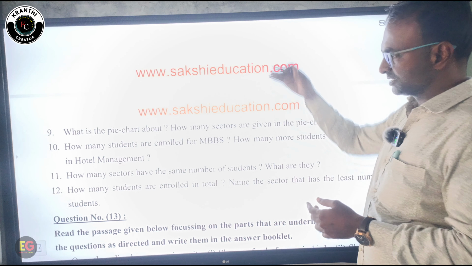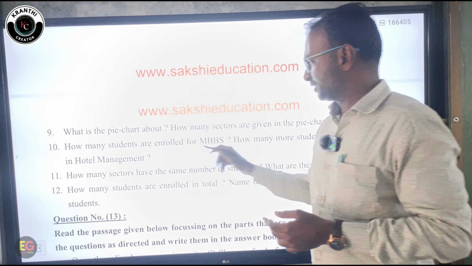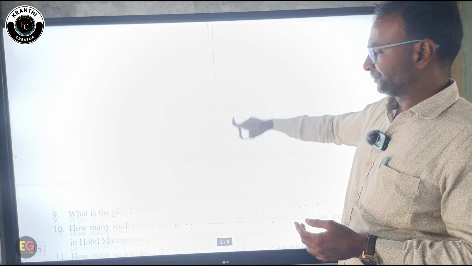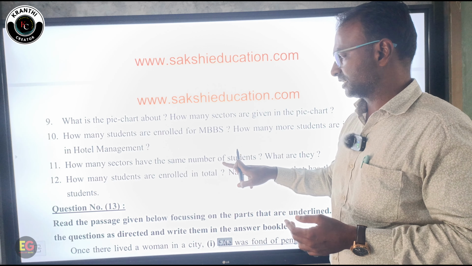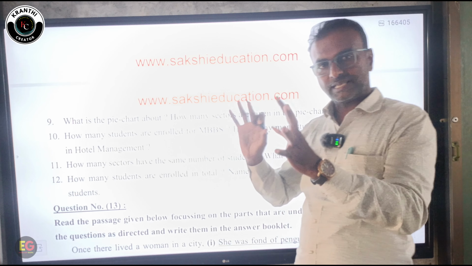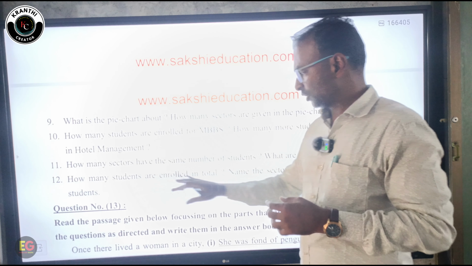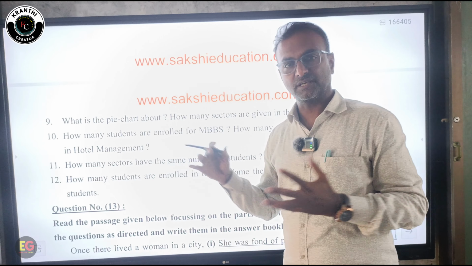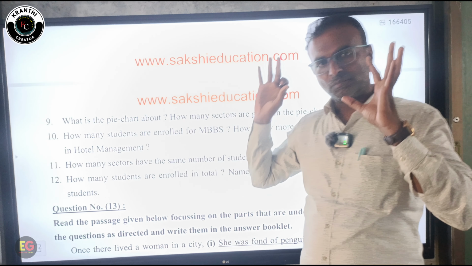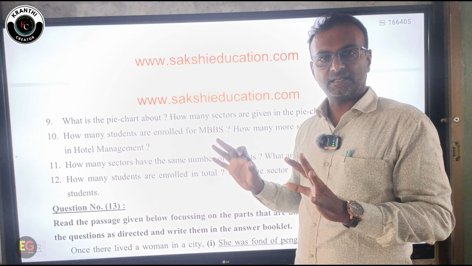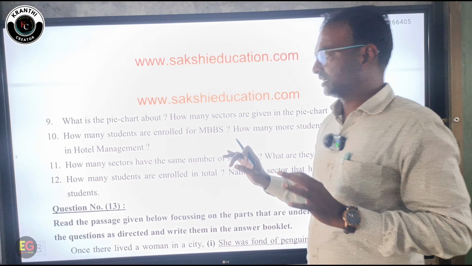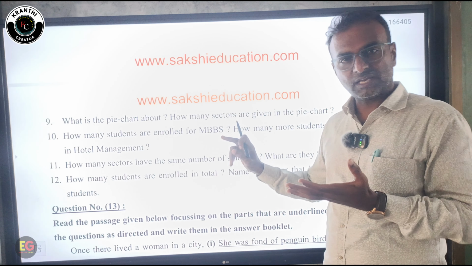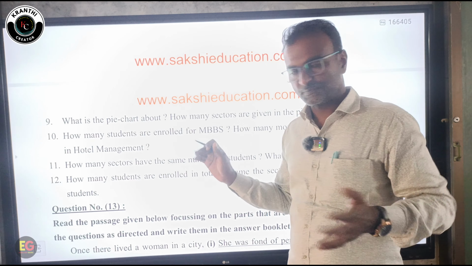And how many sectors, you can count and write. How many students are enrolled for MBBS, you can easily check and write. And how many sectors have the same number, what are the same number sectors, you can write. And how many students are enrolled in total, you can count the number of students and write. So this is the easiest area in which you can score 8 out of 8. It doesn't require grammar. It doesn't require any special skills. That is very easy.